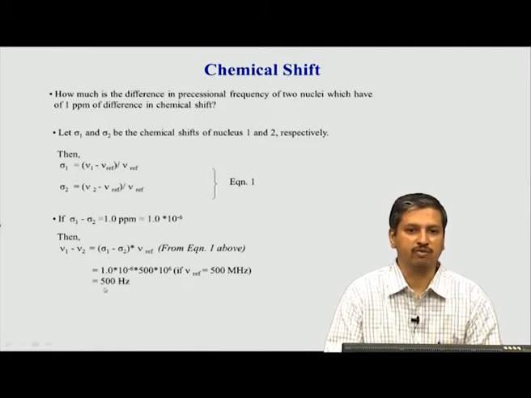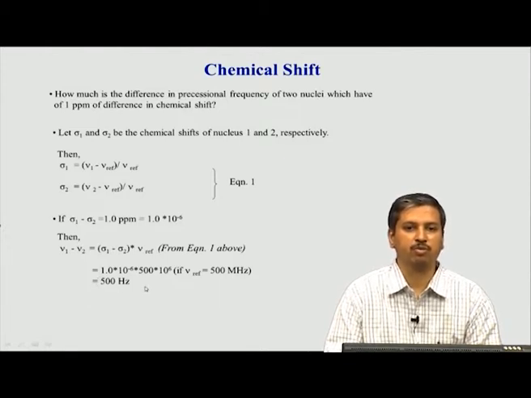However, the difference in hertz depends very much on the spectrometer. If I go to 700 megahertz, the separation is now equal to 700 hertz. If I go to 1 gigahertz, 1000 megahertz, then it will be 1000 hertz. So, you see the peak separation varies with the spectrometer when you calculate in hertz, but it does not change when you calculate in ppm.